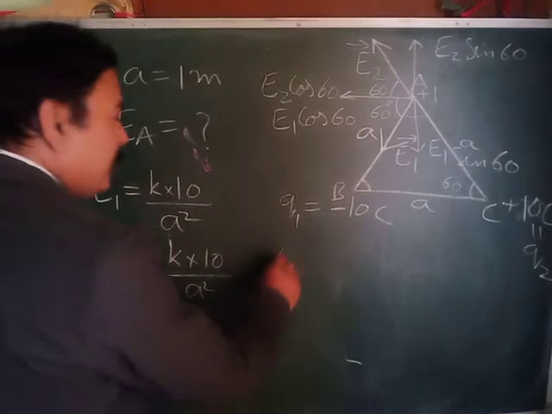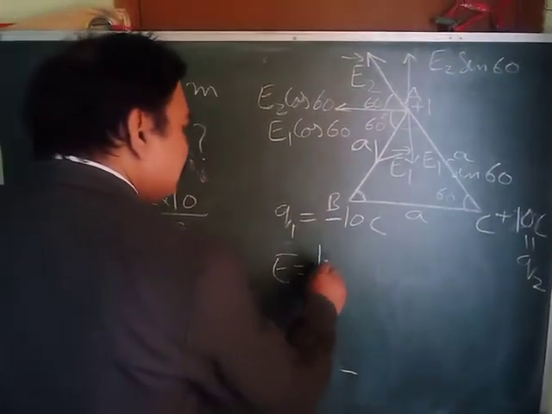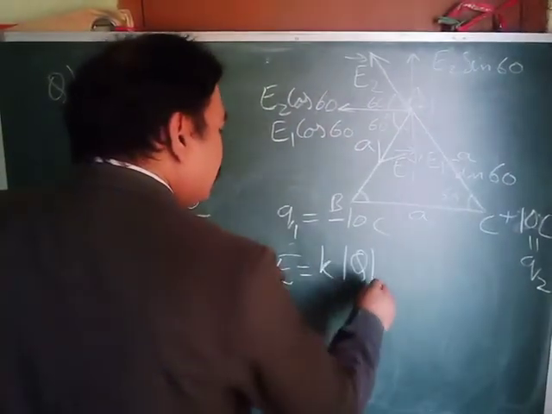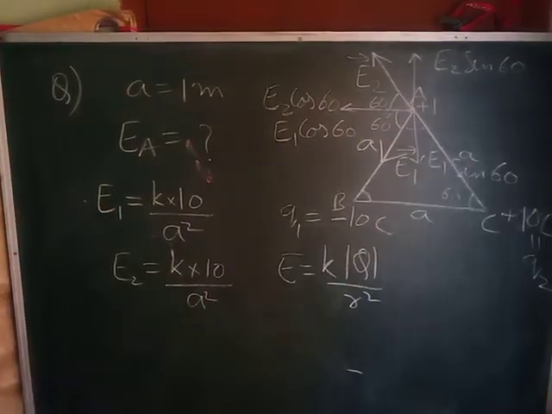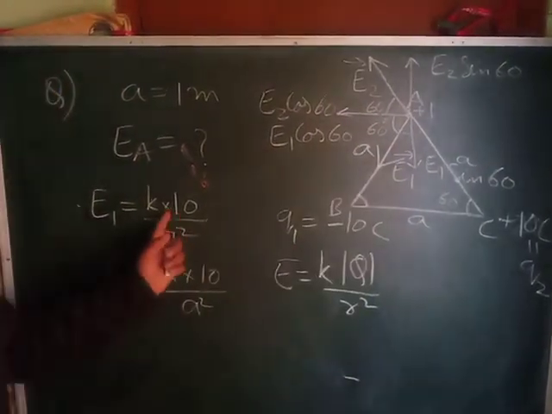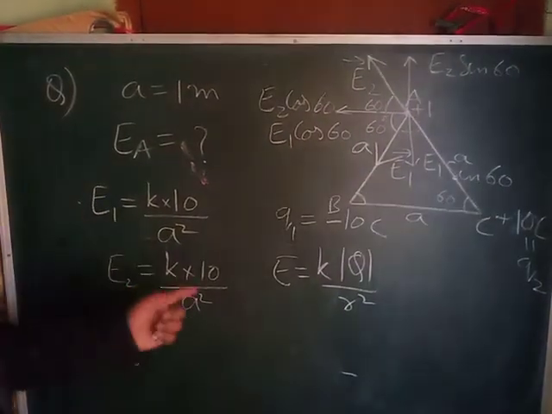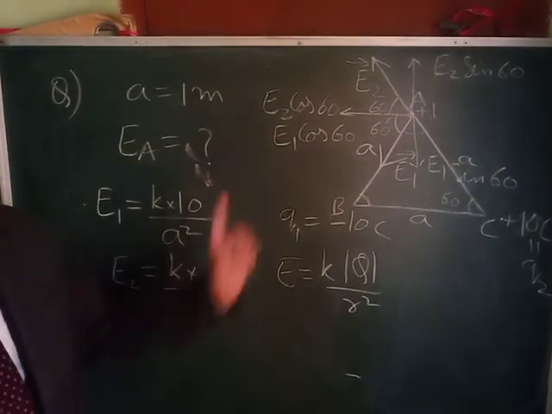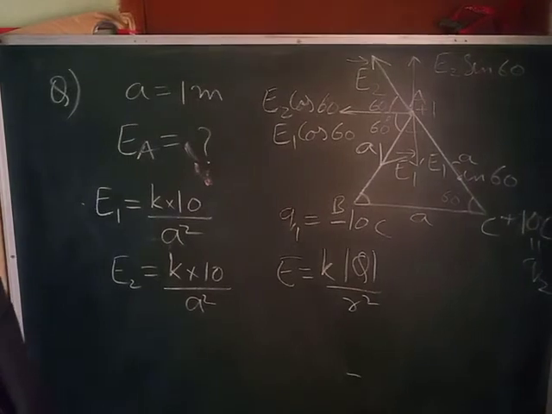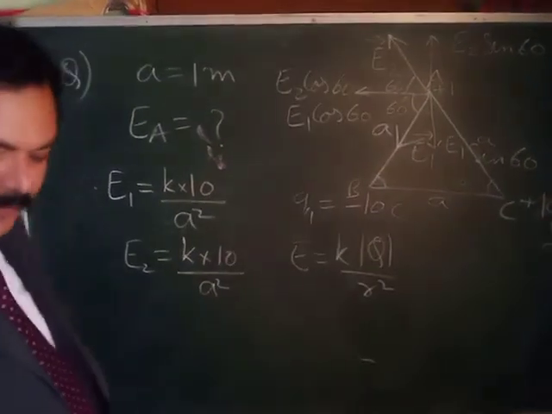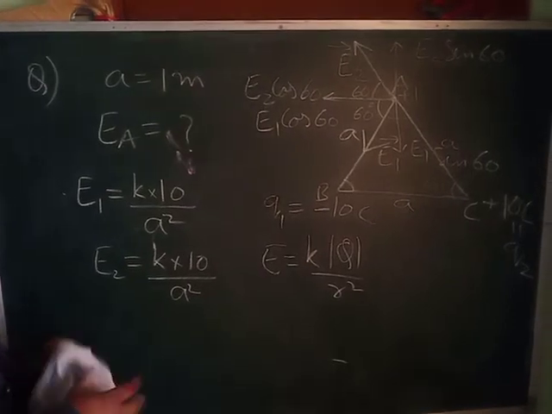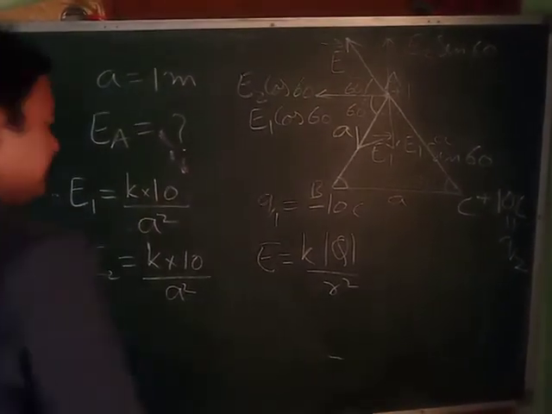Remember, the formula for electric field is K Q upon R square. We do not take the sign of the charge, because the sign is used to find the direction of the electric field intensity, not the magnitude.